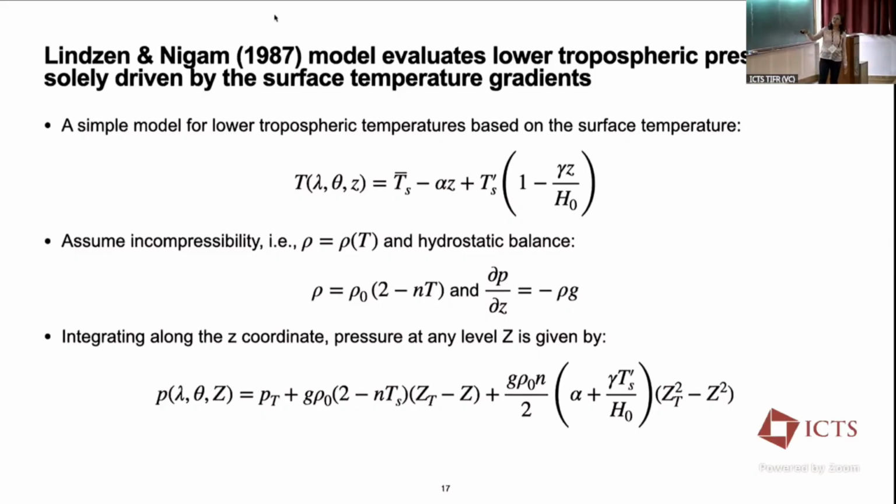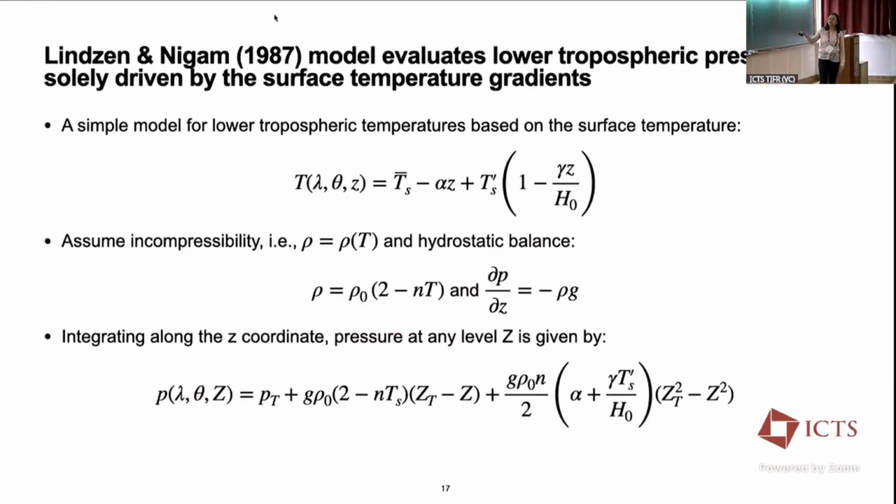The overbar means zonal average. They took the zonal average as one of the contributing factors, and they put in a lapse rate, and they took the anomalies, which are a function of both zonal and meridional directions, and there's also a lapse rate for these anomalies. This gives the temperature at any level within the boundary layer in the atmosphere.